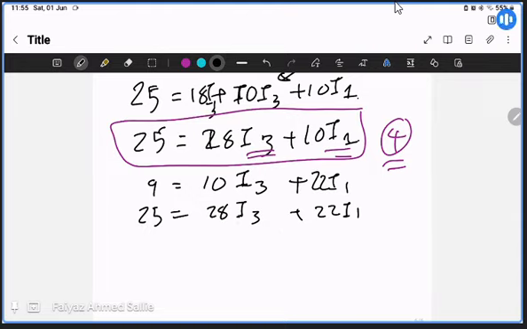So now we have two unknowns. So we need to remove one of the unknowns. We have to remove one of the unknowns. So let's remove this one, right?